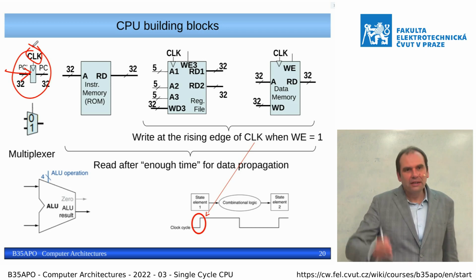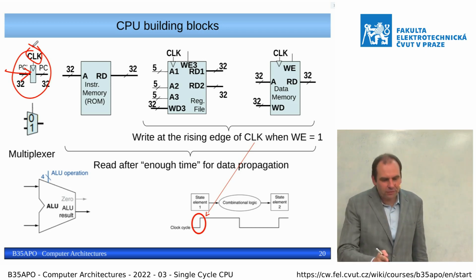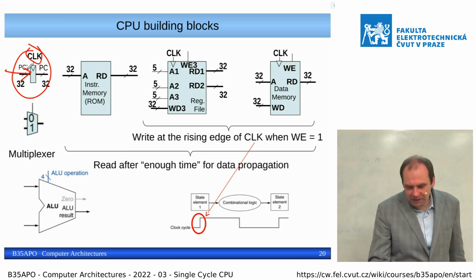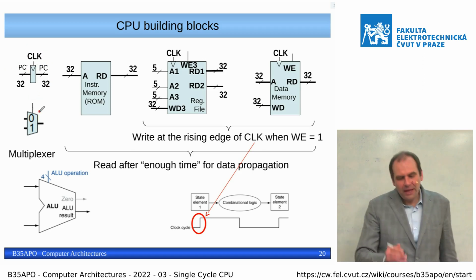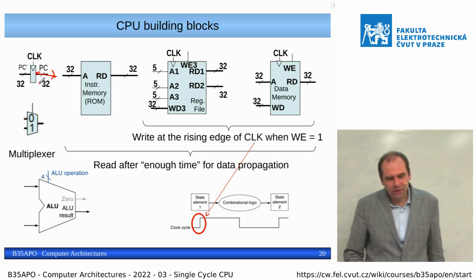So basically, each time we start an instruction, we store what was there on the bits, PC apostrophe, and from this time we hold this value on the output.